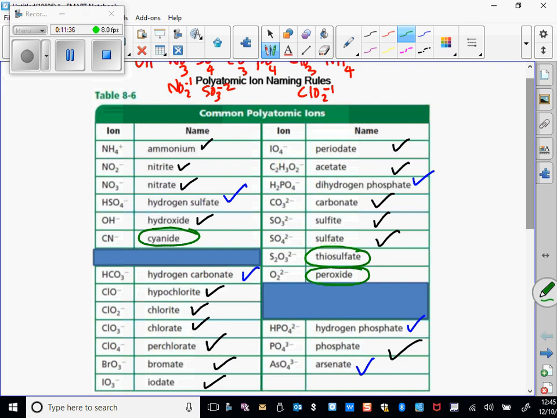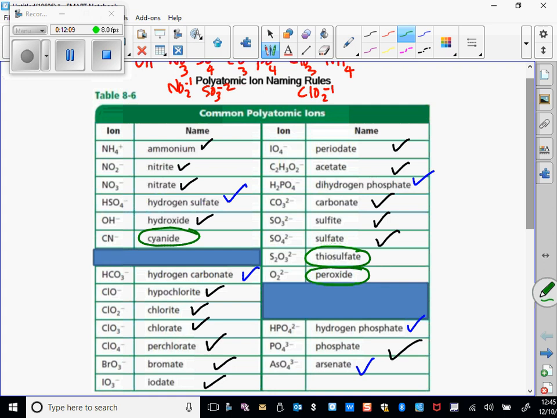Perchlorate. To oxide, you add one more oxygen, what does it become? Peroxide. Two oxygens, right? Oxide itself is a -2. Peroxide is O2 -2. Hydrogen peroxide. The peroxide is the polyatomic in the hydrogen peroxide.